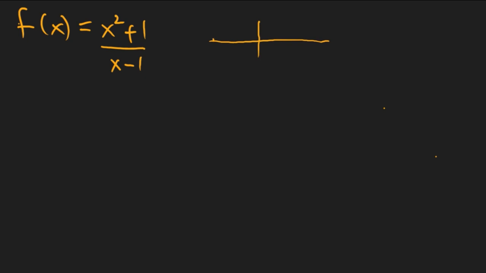let's say this is 0 and then this is 1. So we can look at values as it approaches 1 from the right hand side and also as it approaches 1 from the left hand side.